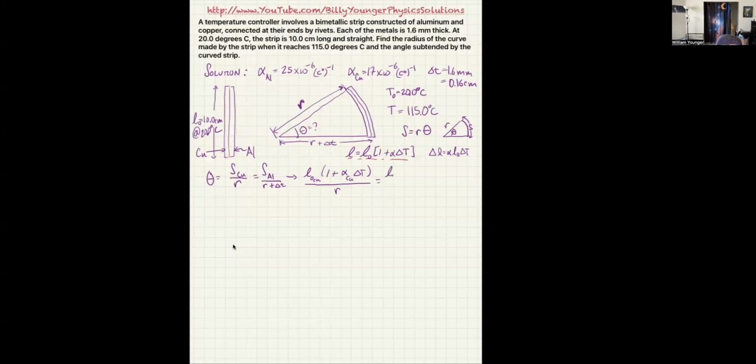And then we have L0 for the aluminum times 1 plus alpha aluminum. And again, the same delta T, so I don't need to subscript that. But what I do need to do is put the radius as R plus delta T. That's specifically because, as you can tell from the drawing, the radius we're solving for is to the center of the copper side, which would be roughly here.